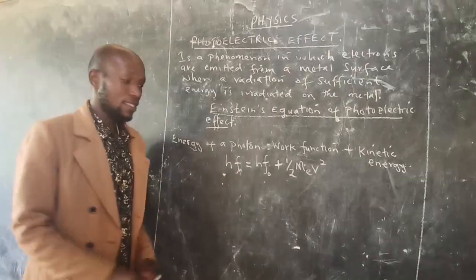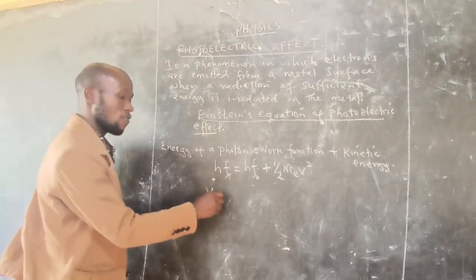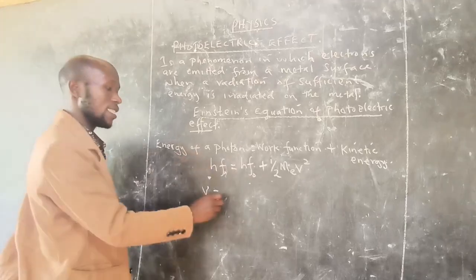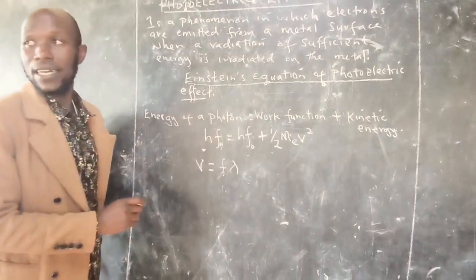Now, from waves, we know that the velocity of any radiation is given by frequency times the wavelength of that radiation.